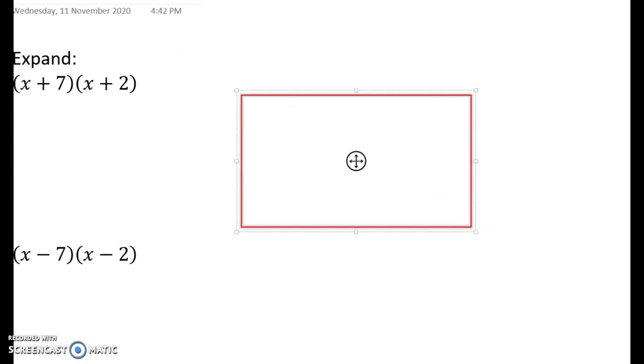Now I'm going to do one of these slowly and then I'm going to move on to what I've called Lachlan's method in class, which is moving to using just algebra. But the first one I'm going to do here is one where we look at what it means to expand. And we're going to think about this paddock that has got 2 dimensions. So the length of the paddock is x plus 7 and the width of the paddock is x plus 2.